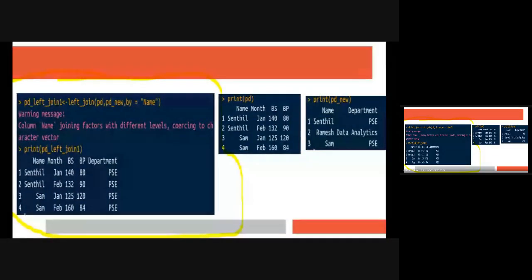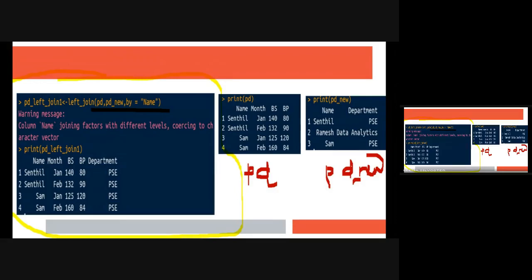Okay, before that we need to check the data frame PD and this one is PD new. We are combining PD new and PD by the name. The name field is compared. So here the common value is name.